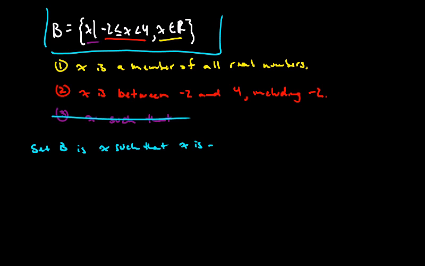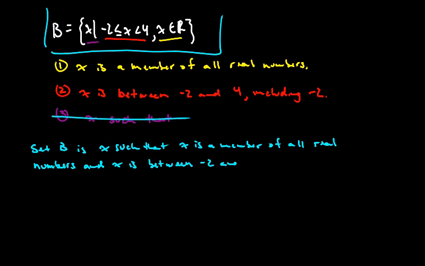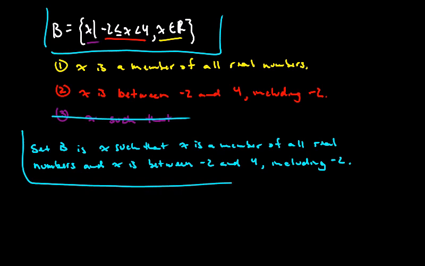X is a member of all real numbers, and X is between -2 and 4, including -2. Okay, and this would be our translation.